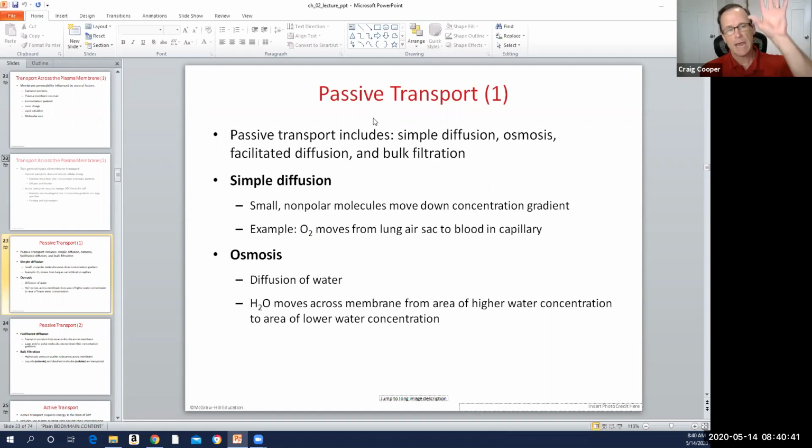So we might have 80 sodium ions outside the cell and only 20 inside the cell, but we can use active transport to force that 20% out of the cell. And maybe we want that ratio to be 90 to 10 instead of 80 to 20. Because it's like swimming upstream, we're going in the opposite direction of that concentration gradient, it takes more effort for the cell to do that.